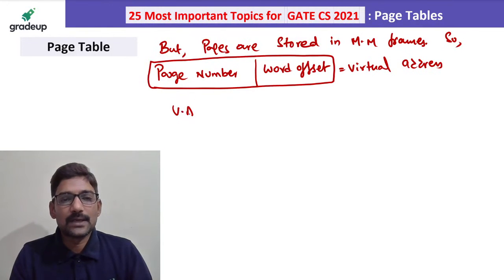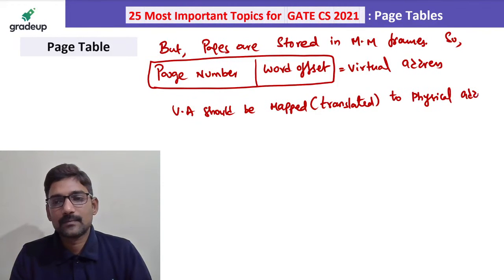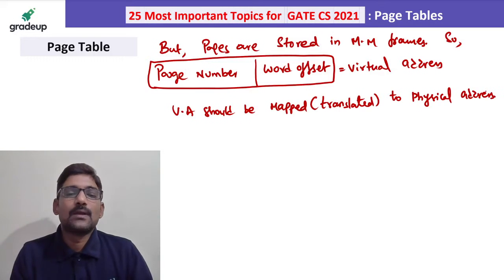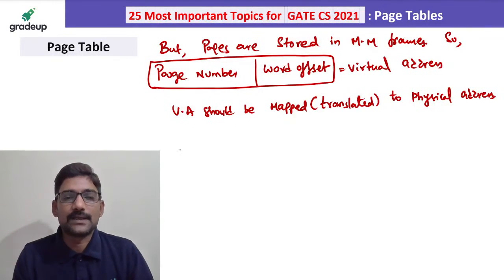This virtual address should be mapped to or translated to physical address. The virtual address should be translated to physical address.